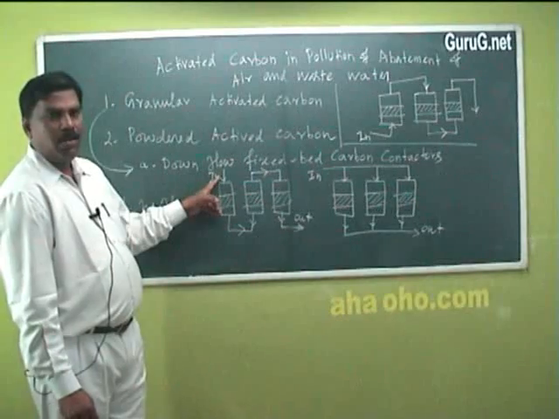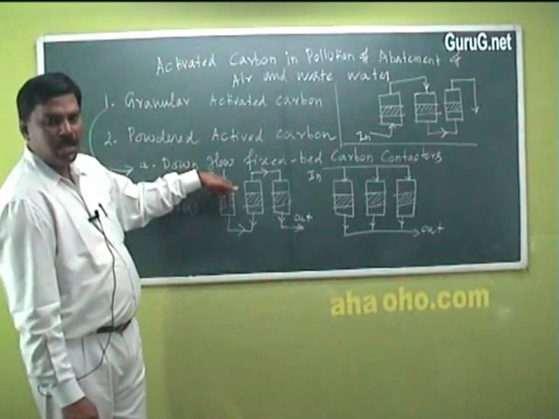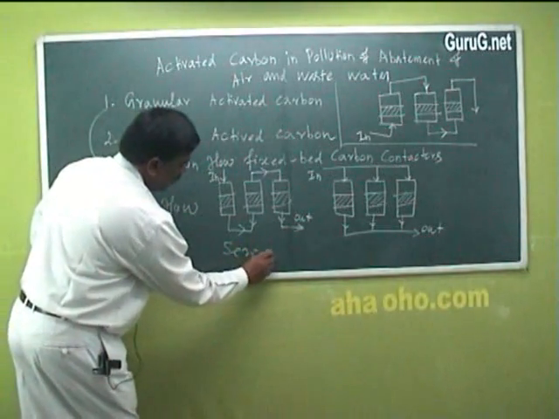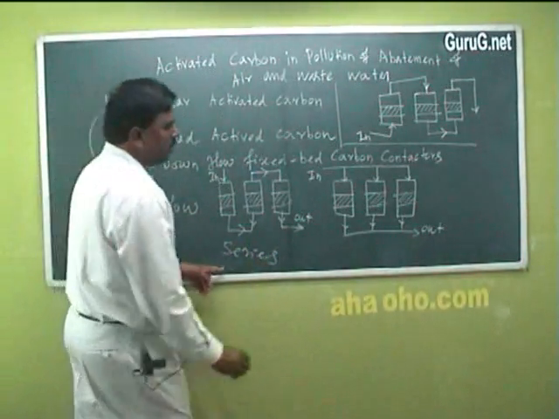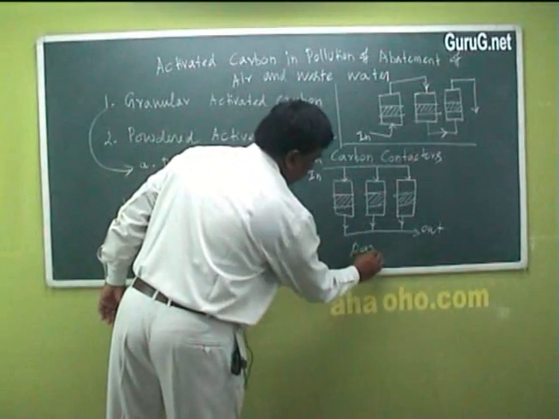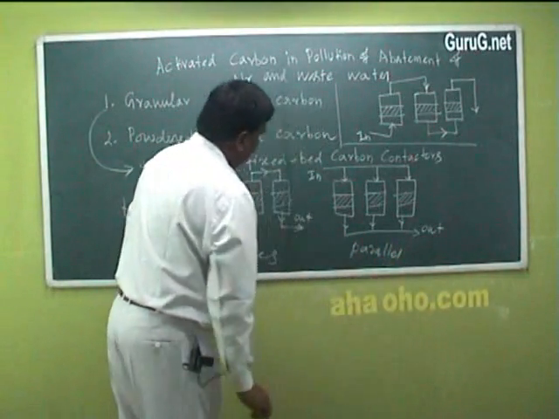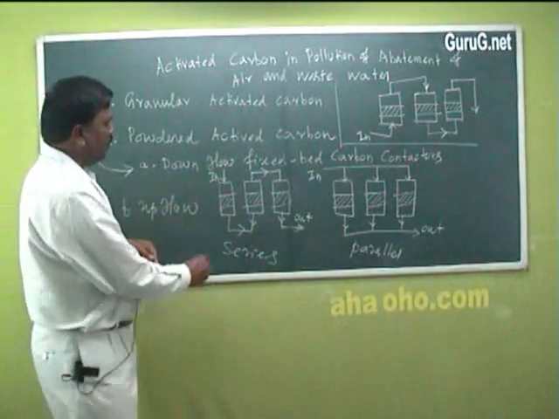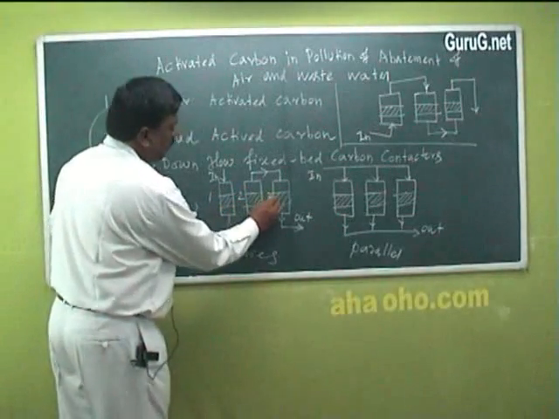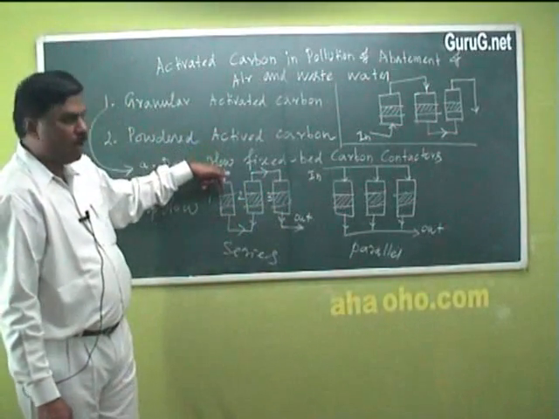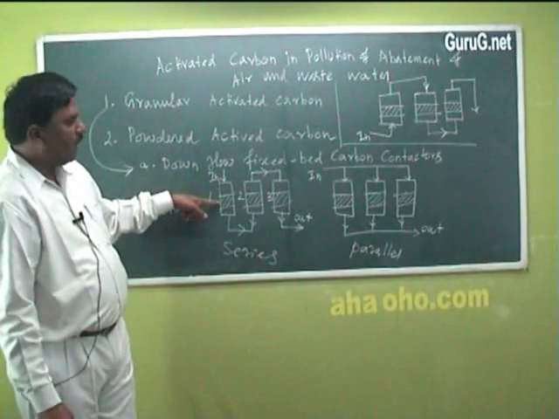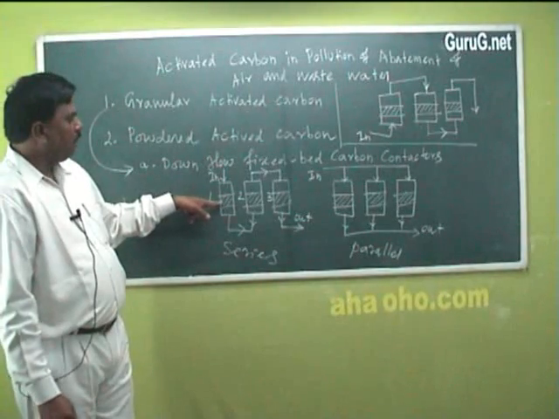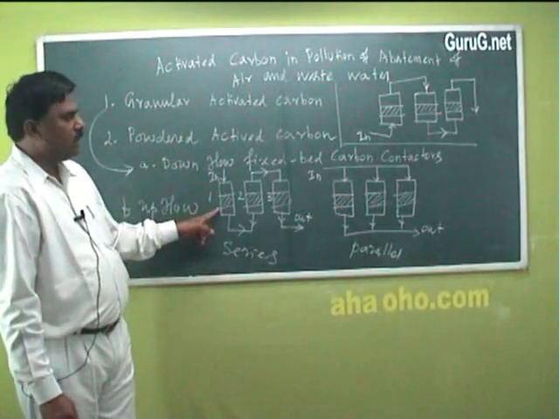The water or air passes downwards. The columns can be arranged in series or in parallel. In series, the water is passed into the first column, and the impurities present in the water are adsorbed by the granular activated carbon in the first column.